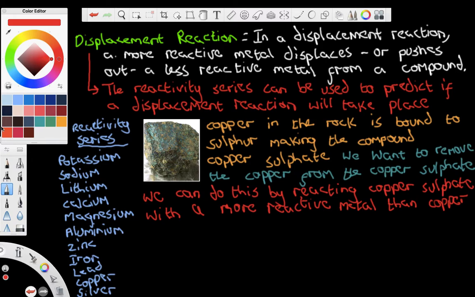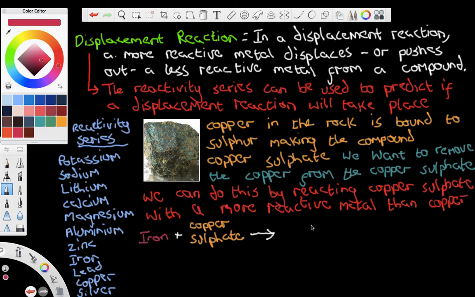So we're going to use instead iron. So if I take some iron and I react it with the copper sulfate, a reaction will take place. Now, because the iron is more reactive than the copper, the iron will replace the copper to make iron sulfate.